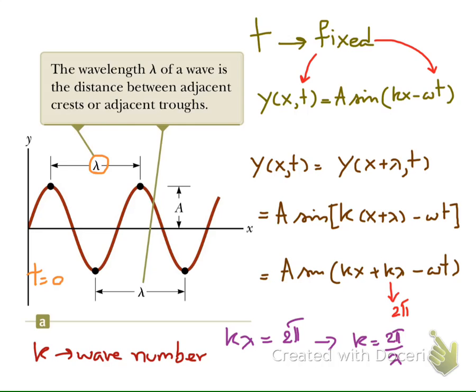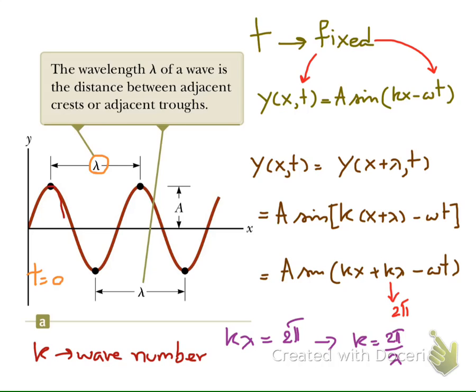K is called the wave number because if you look at the relation of k with lambda, the reciprocal of lambda will give us the number of waves in a unit length. Lambda is the length of one cycle of the wave.